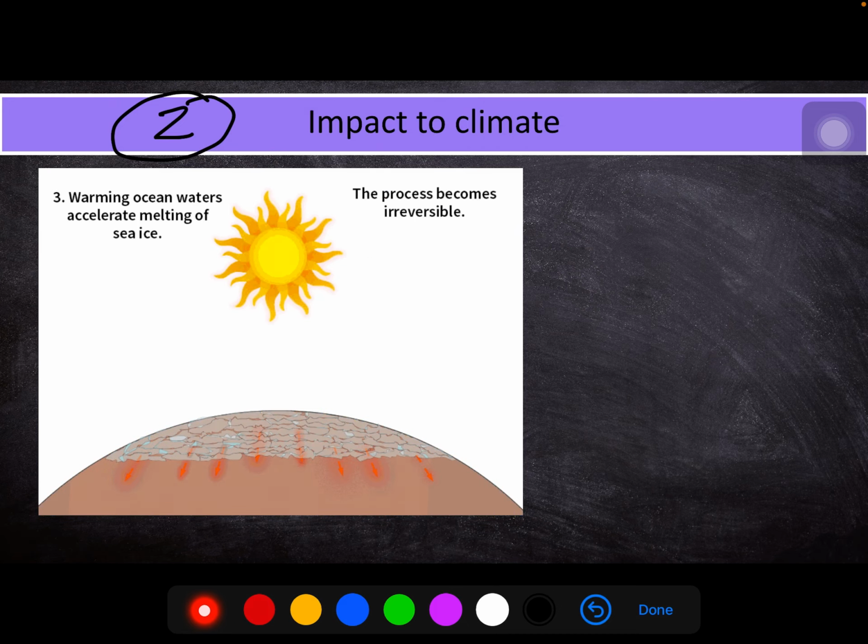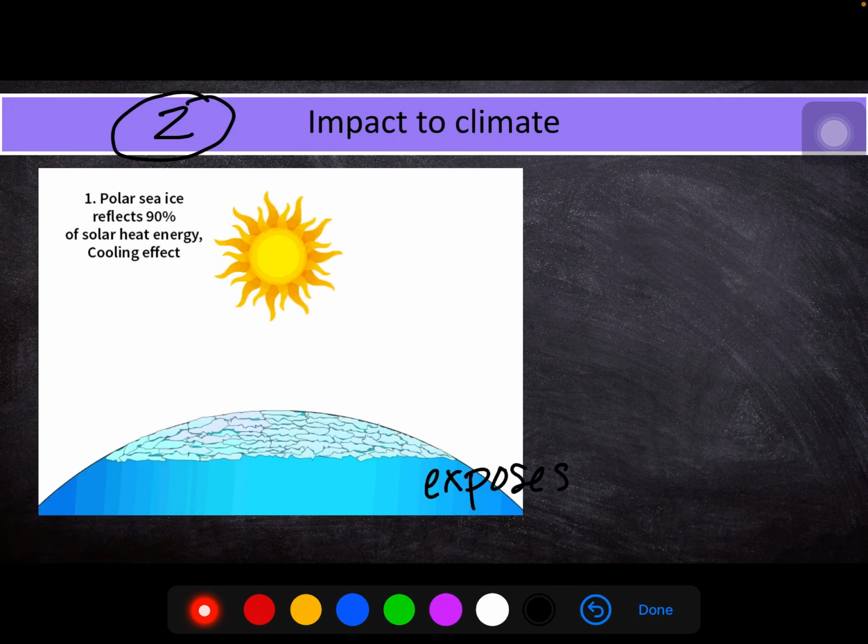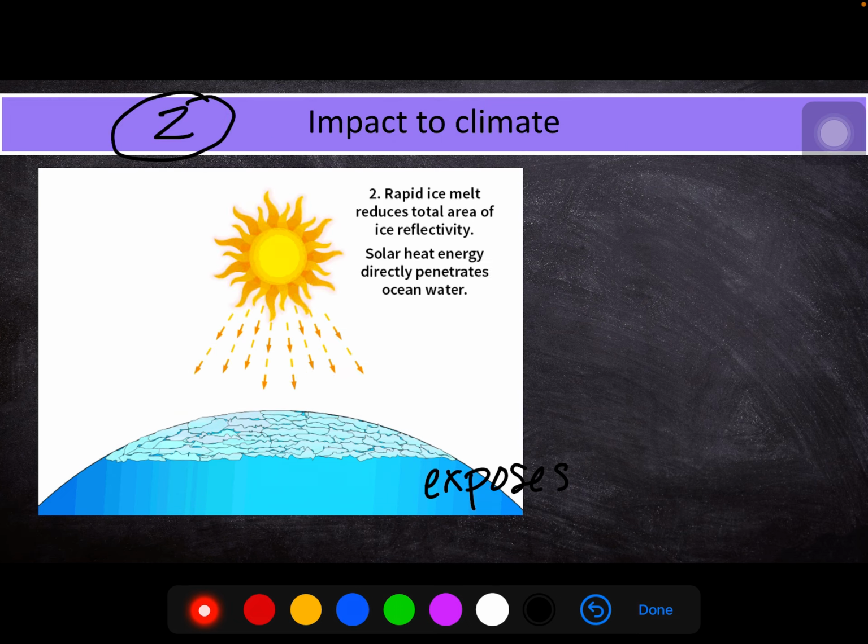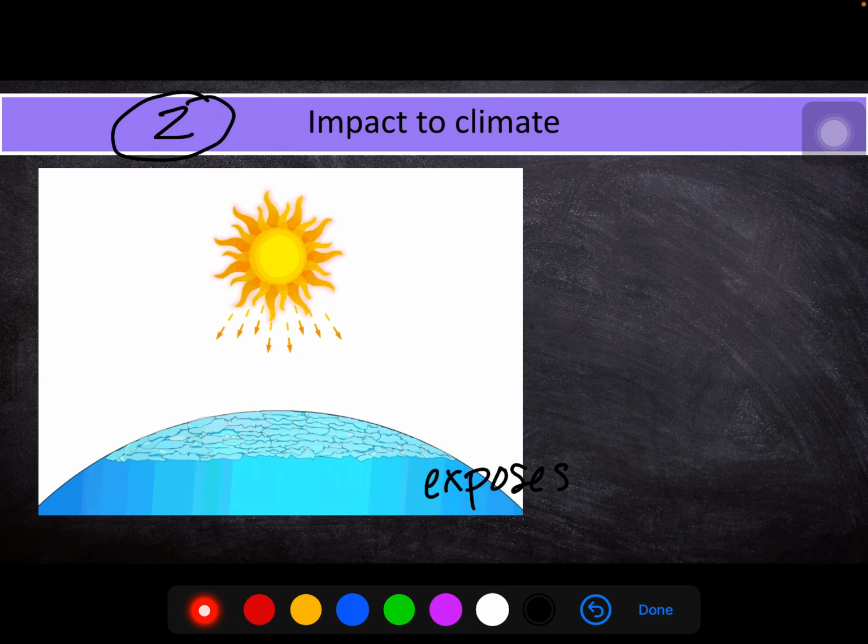And as those ice levels reduce, it exposes more ocean here, allowing more solar energy to be absorbed because, again, solar energy is absorbed more by the ocean, which, as you can see here, warms the water, which creates more ice melt and warming and so on.